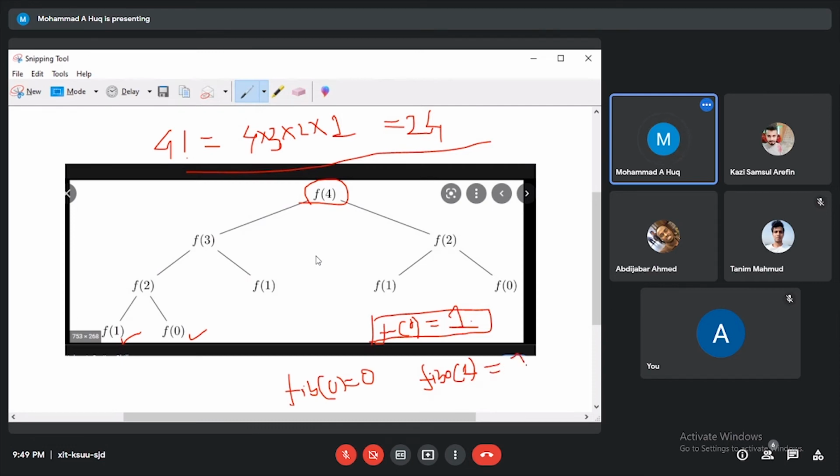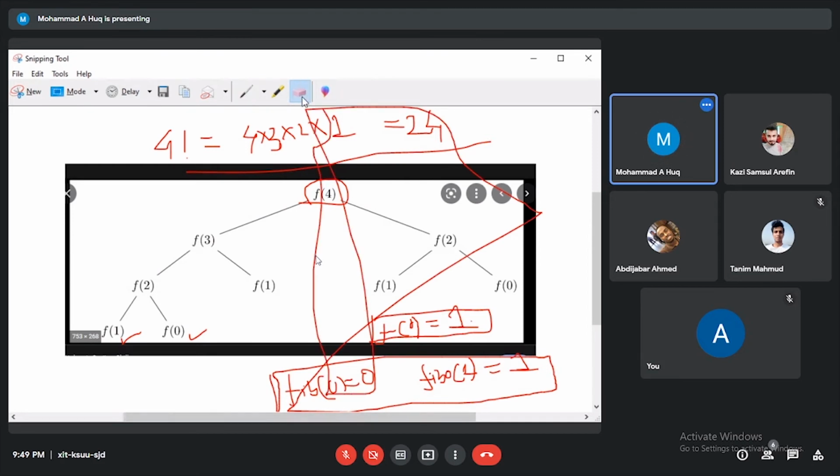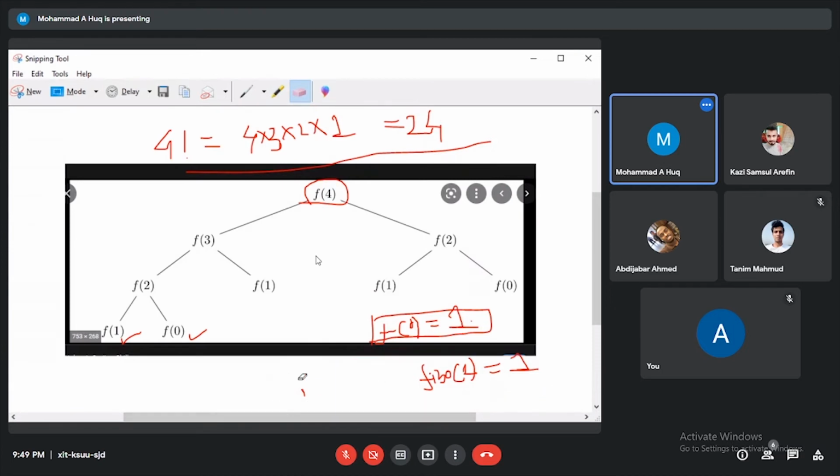These two are base cases. So for this factorial problem, this is the base case.